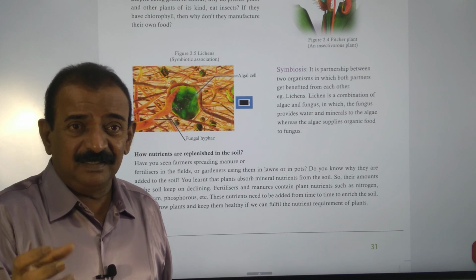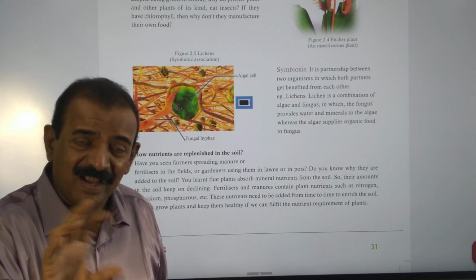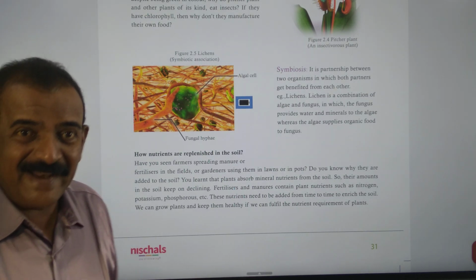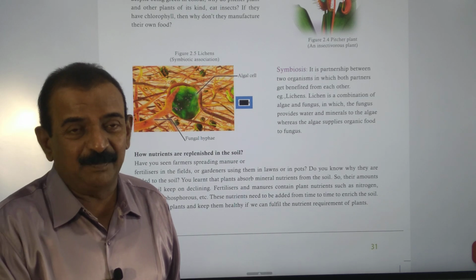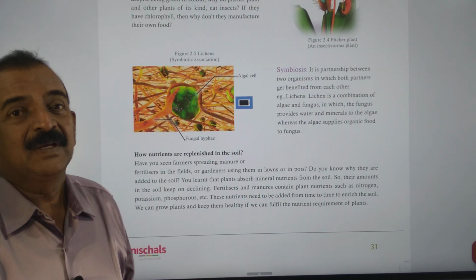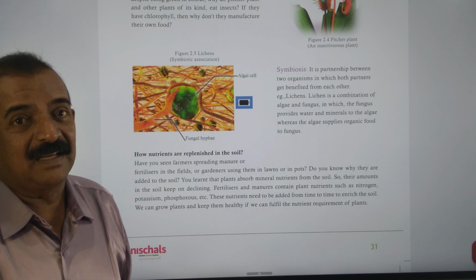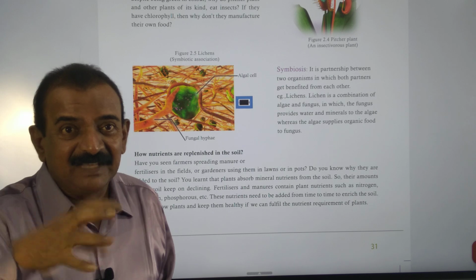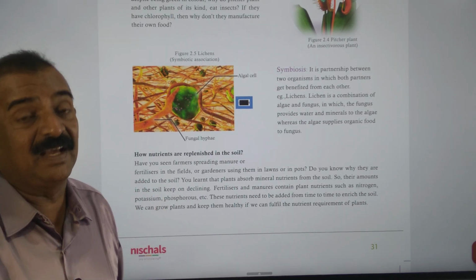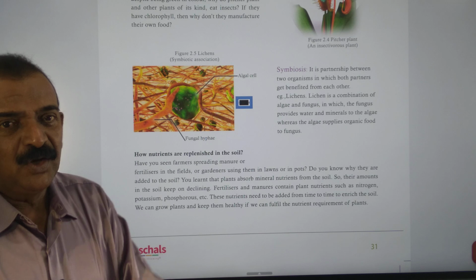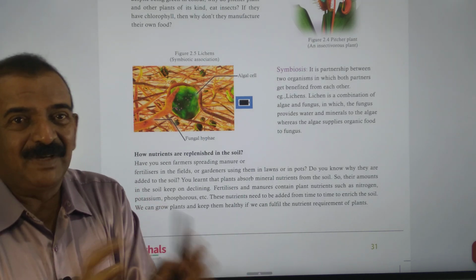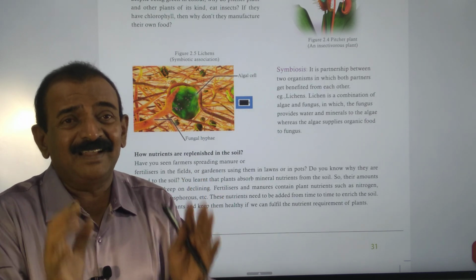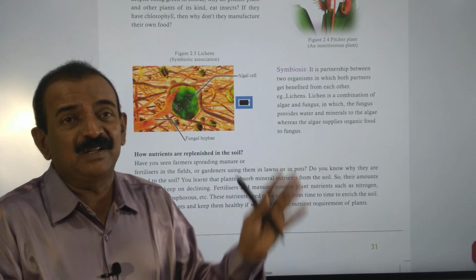There you see the algal form and the fungal form, both of them live together and one depends on the other. For example, here fungi give minerals and water to the algae, and algal forms prepare food and give organic food substances to the fungi. In this way both of them are benefited and live together, and that type of nutrition is called symbiotic nutrition.